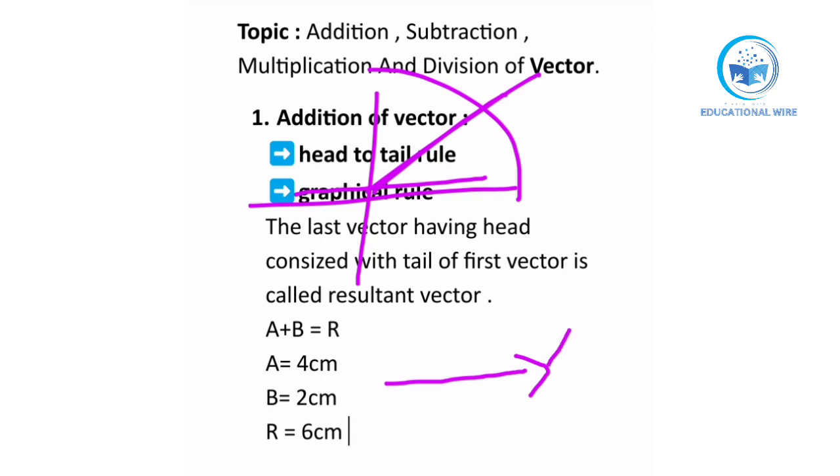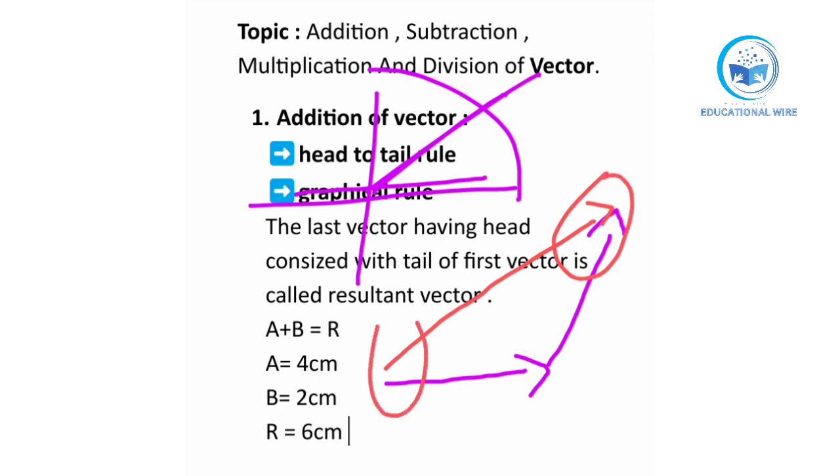So we will join the tail of the second vector with the head of the first vector. Okay, now what we have remaining is the resultant. As I told you previously, the resultant will be the head coinciding with the tail of the first vector. So here the 6 centimeter, tail to tail and head to head, both will join. Okay, so this is the addition of vector.